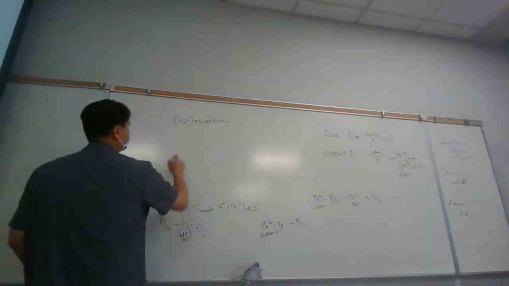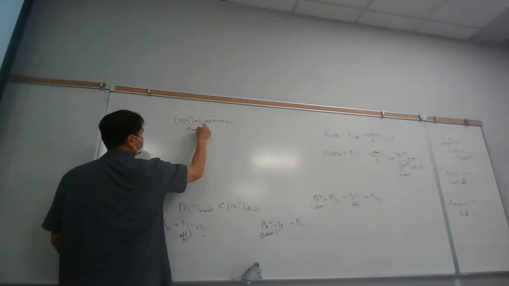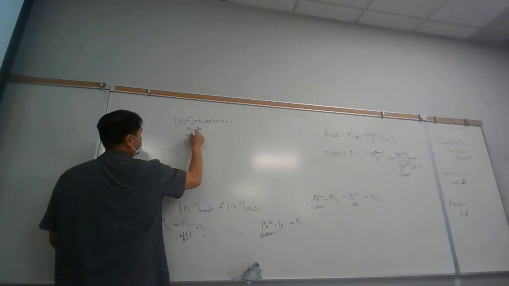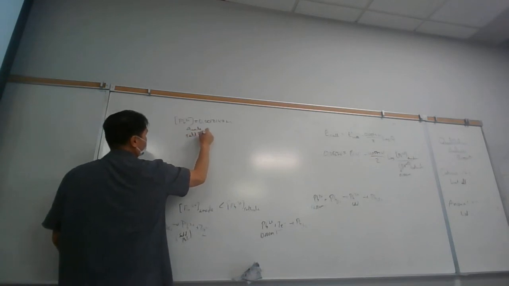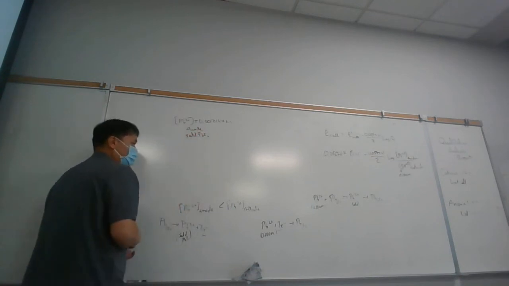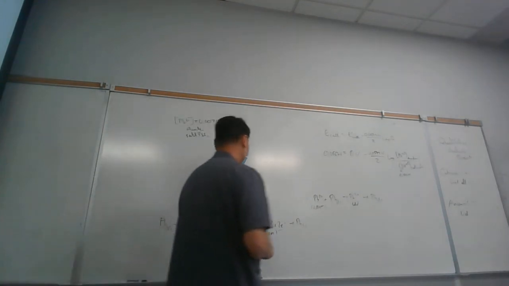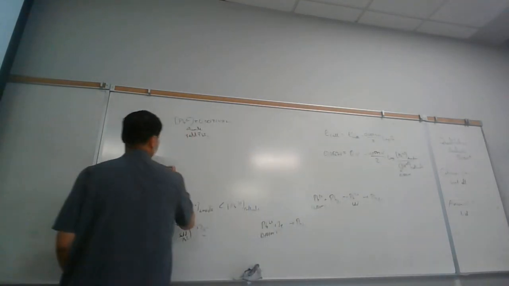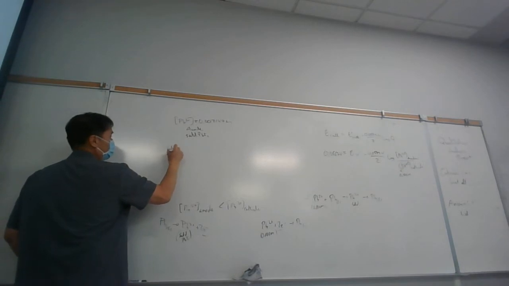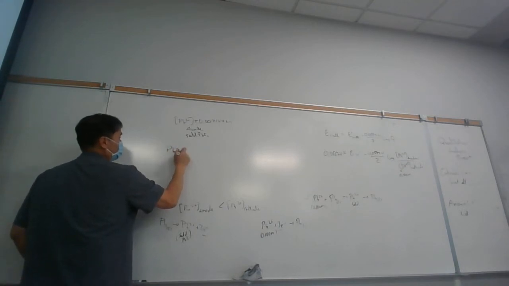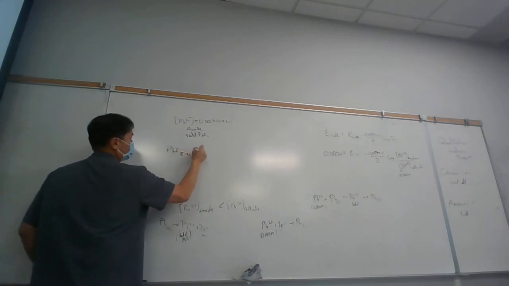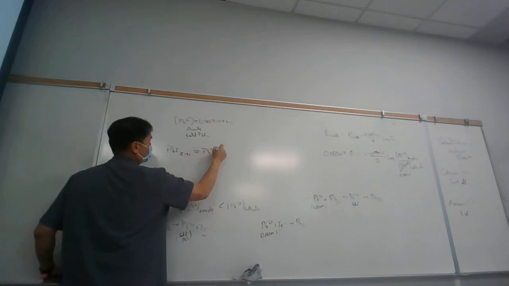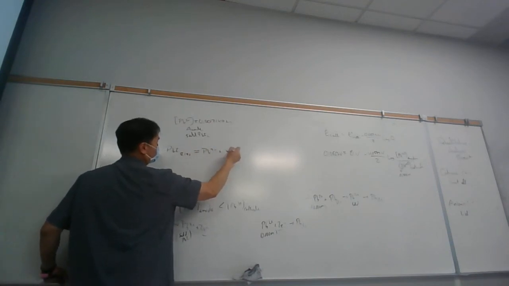So this is the anode, which is saturated PbI2. Okay, in this particular problem, what we can do is solve for the KSP of PbI2. PbI2 solid goes to Pb2+ plus 2 iodide.